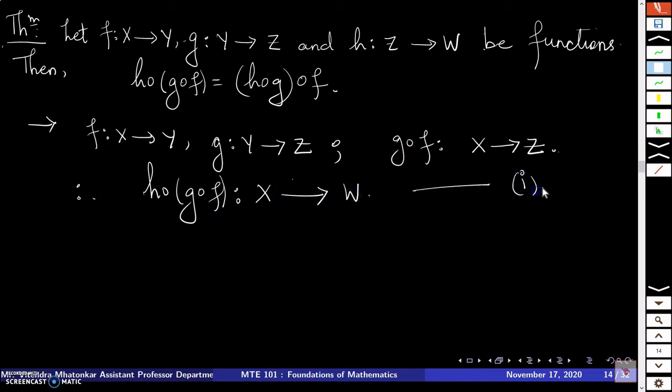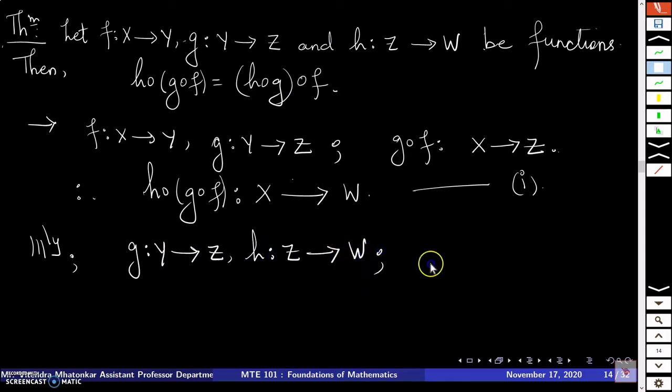I'll name this as 1. Similarly, g is a map from Y to Z and h is a map from Z to W, right?